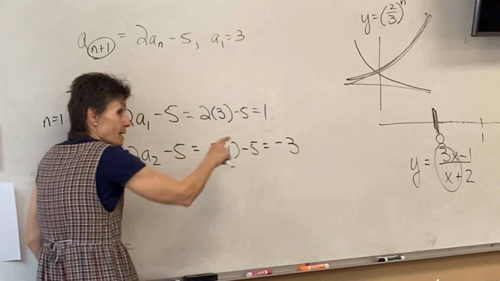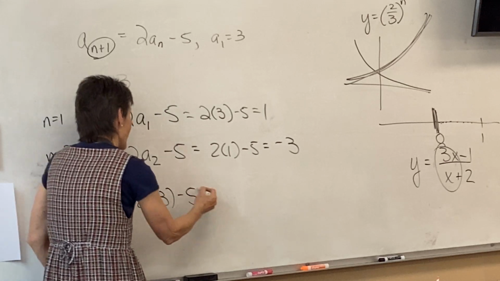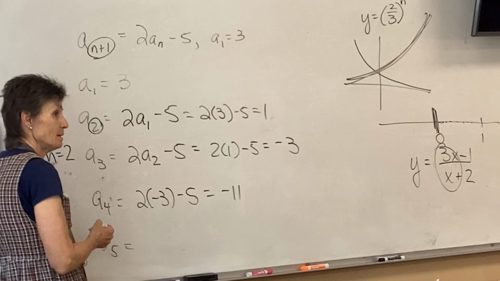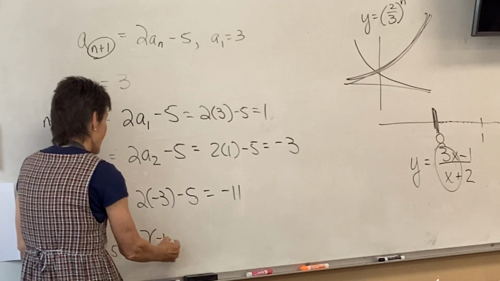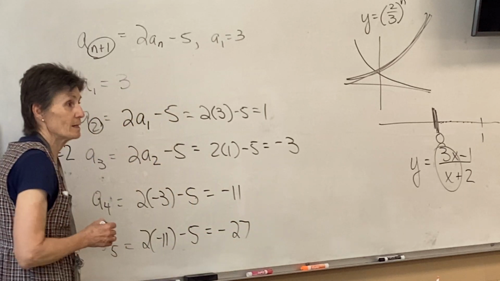So 2 times negative 3 minus 5, negative 11. And then what will the next one be? Negative 26. 2 times negative 11 minus 5, negative 27.